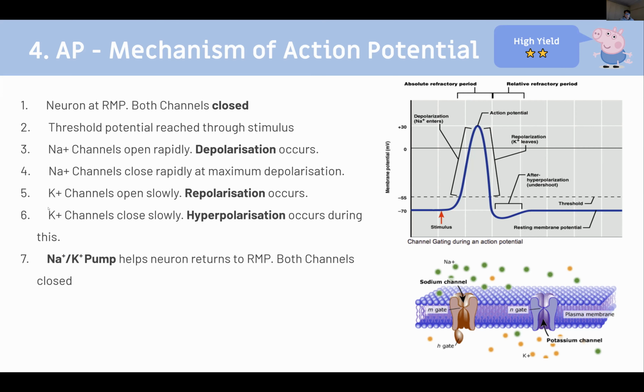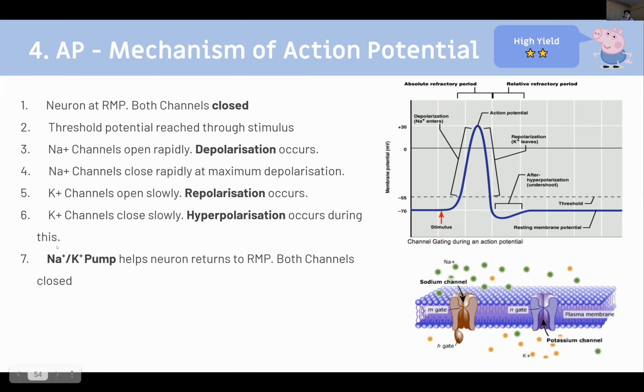Because these potassium channels close and open slowly, they remain open for a longer period of time compared to sodium. So this is going to result in hyperpolarization, or what we call undershoot. This basically occurs because our potassium channel can't close quickly enough and too much potassium escapes.